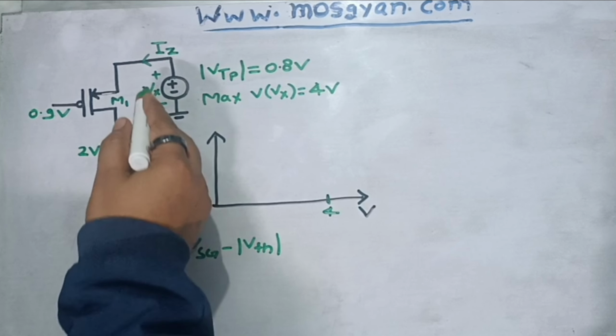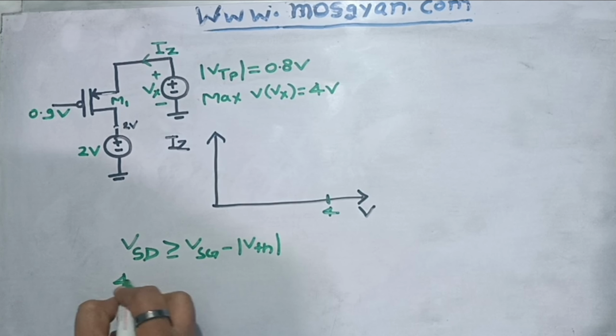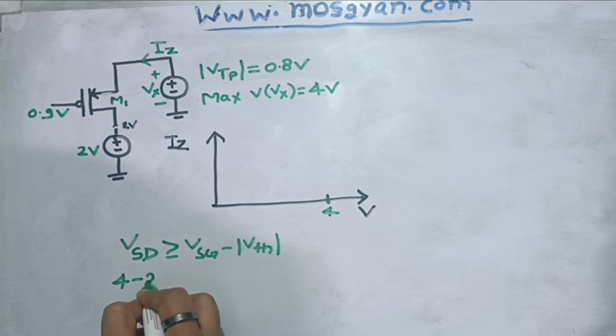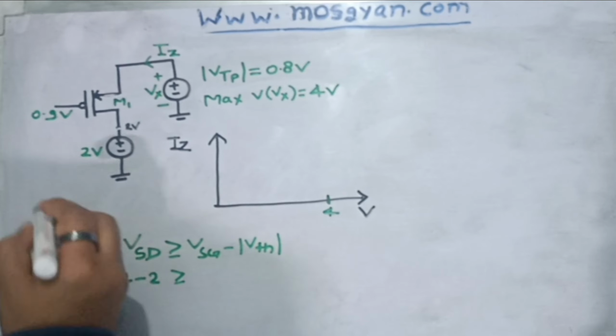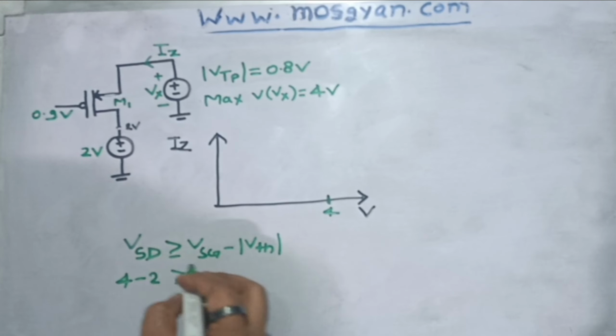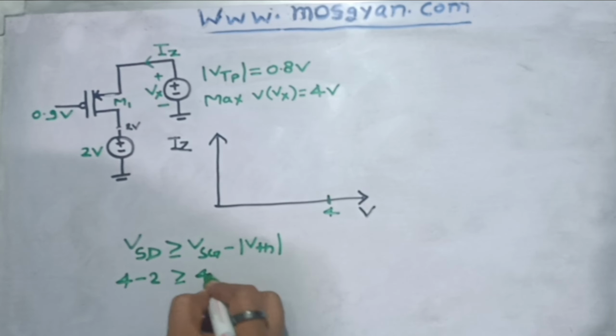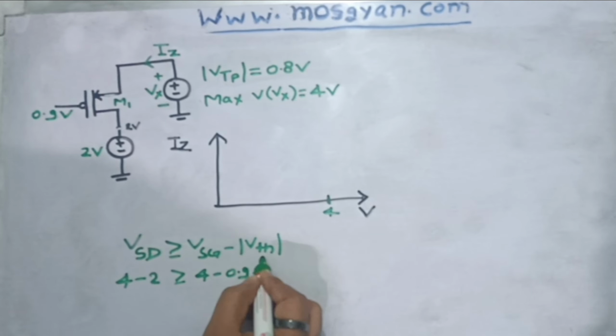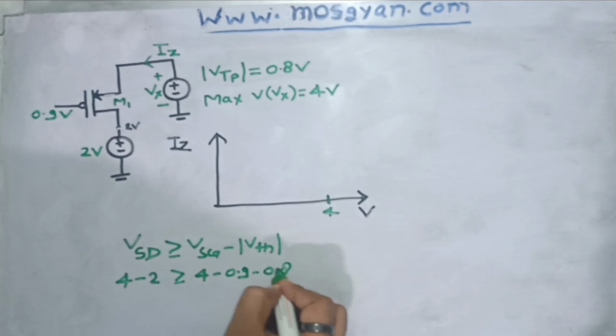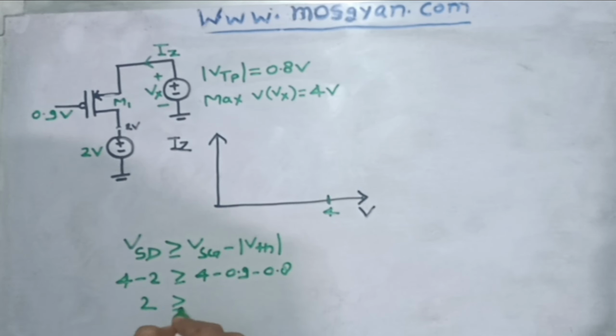Now, the source potential is 4 volt and the drain potential is sitting at 2 volt. The gate potential is 0.9 volt, and taking the VTH magnitude as 0.8 volt, it comes to 2 volt should be greater than or equal to 4 minus 1.7, which equals 2.3.